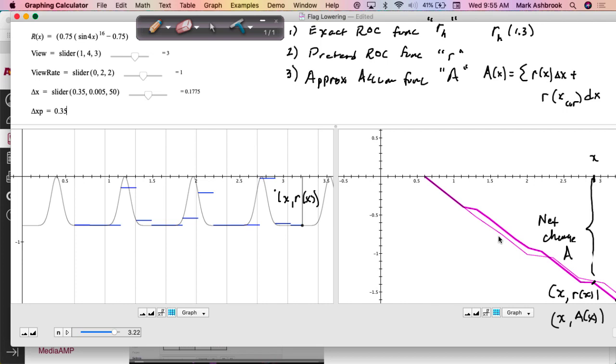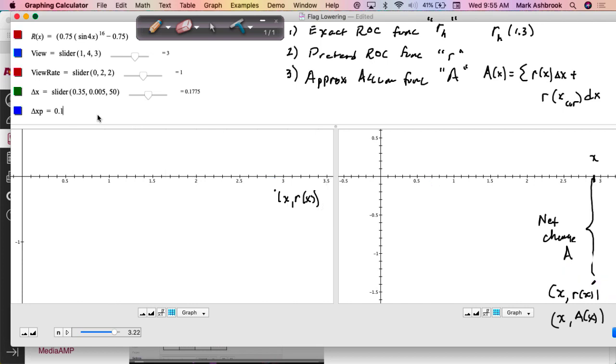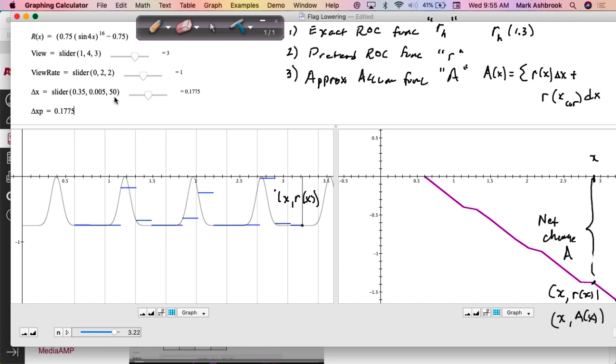So how do we do better? So what was this? 0.1775. I'll hold on to our best version so far with intervals of 0.1775. And I want to do better. What does that say? 0.0395.